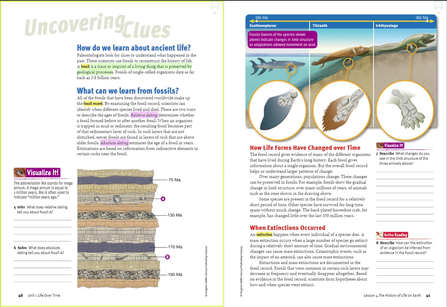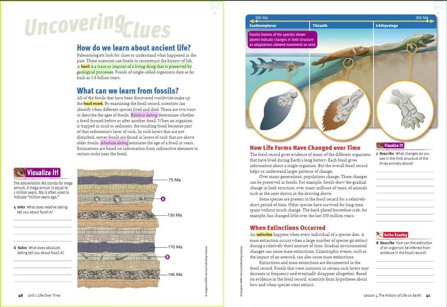For example, organism A lived between 75 and 130 million years ago, but organism B lived between 170 and 195 MA. So absolute dating tells you about the numbers, the age or the era in which the organism lived and died, preserved between the sedimentary rocks.